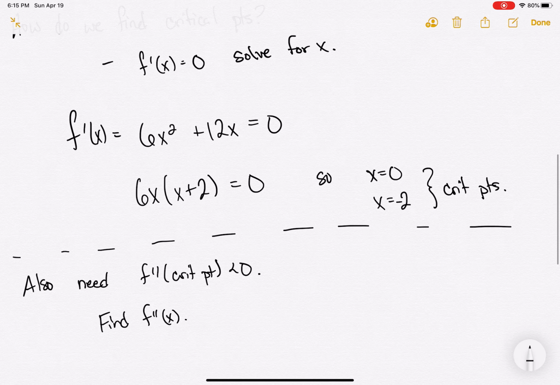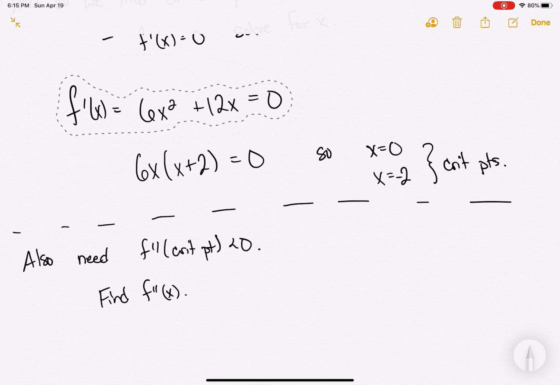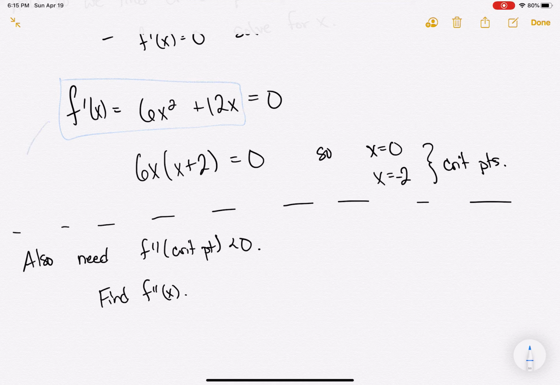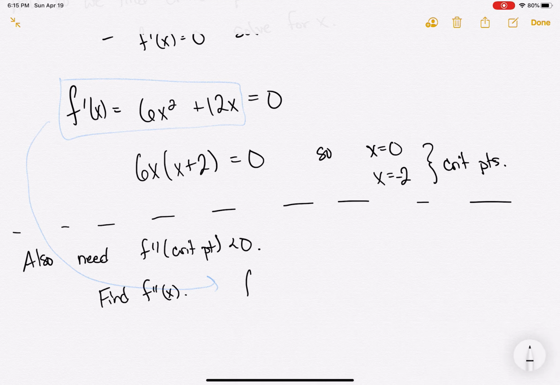Well, thankfully we found the first derivative right here. First derivative, bam, done. I'm going to circle that, pull it down, and we're going to use that. f double prime of x equals 12x plus 12.